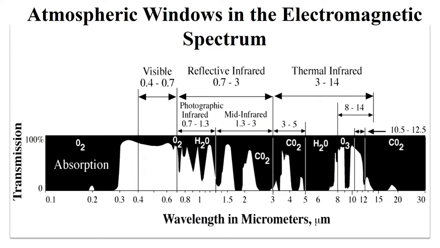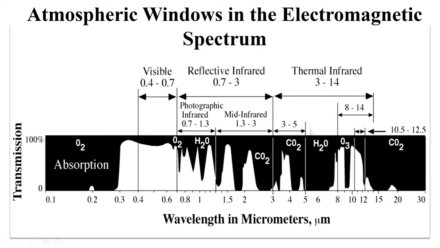Now, when you see the atmospheric windows in the electromagnetic spectrum, we are mainly talking about the thermal infrared. Here, if you see, in between 4 to 5 micrometer, there is absorption due to CO2. And again, the range of 3 to 14 micrometer for thermal infrared, the entire range is not used for remote sensing purposes, because there is one absorption band.